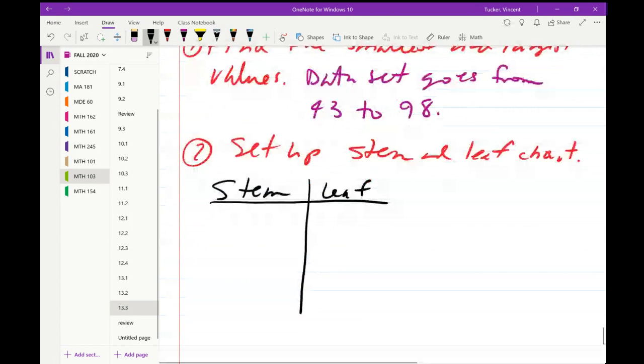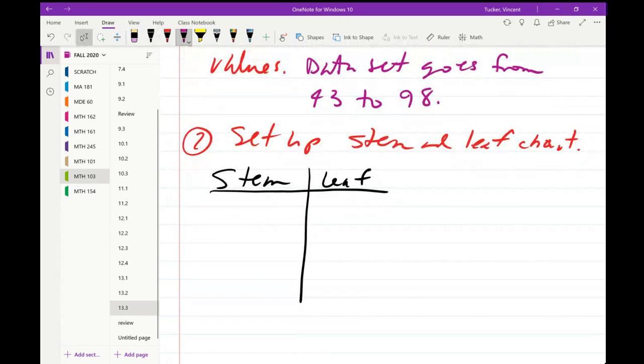And we're going from the 40s to the 90s. Since we have 43 to 98 in our data set, that means we're going from the 40s to the 90s.